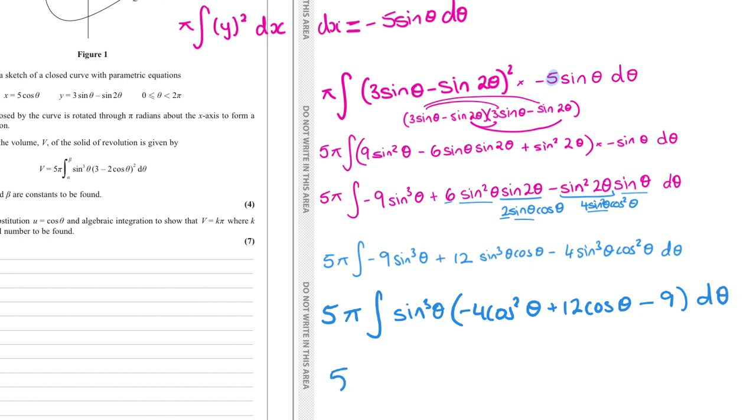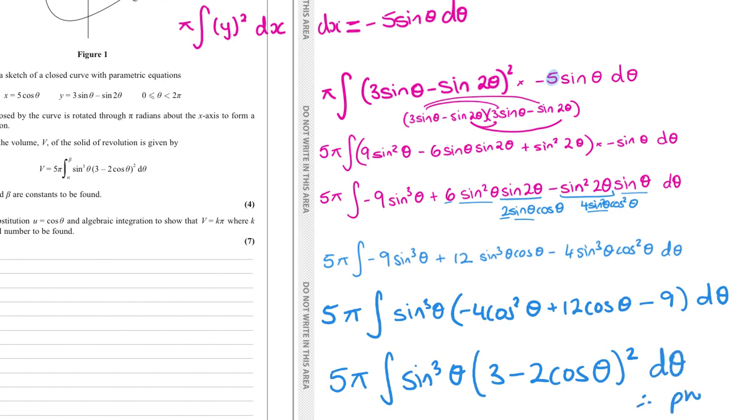So then you can just write 5 pi lots of sine cubed theta (3 minus 2 cos theta) squared, because we don't have a difference of 2 squares, we just have a nice easy quadratic. Therefore proved. 4 marks, took me 6 minutes. It wasn't very nice really, was it? But we did show it.